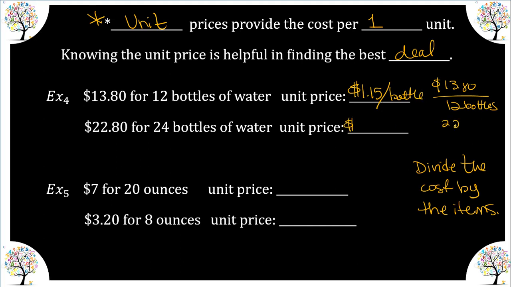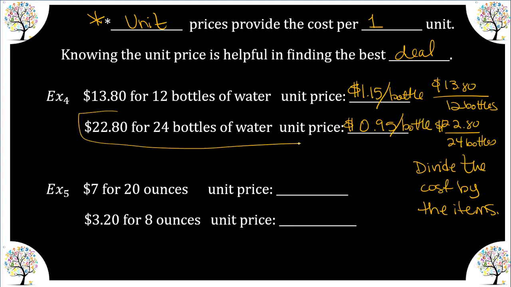If we have $22.80 for 24 bottles, we divide this, and this is 95 cents per bottle. Therefore, our second option is the better deal.